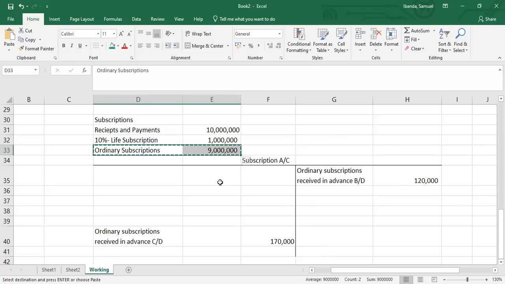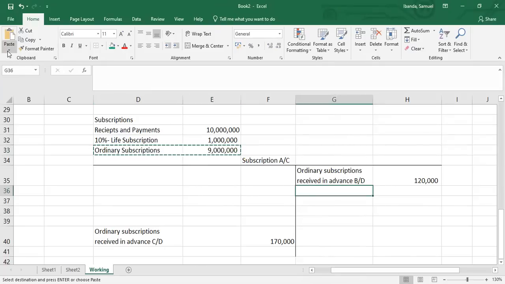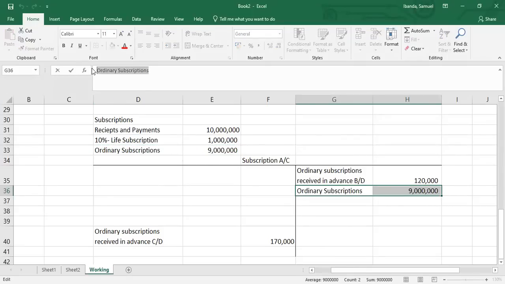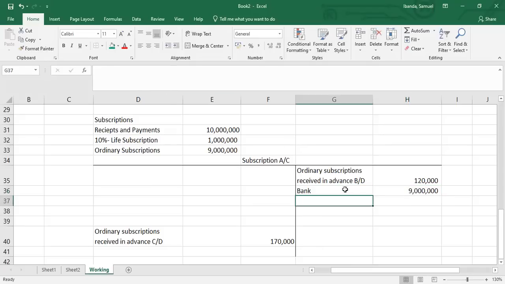So I'll come here and record this. I'll call this bank or receipts and payments, or cash and bank, whatever it is, okay? So that is what I've recorded.